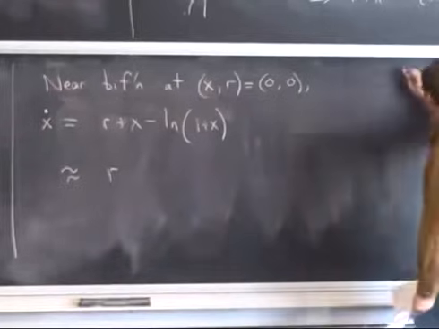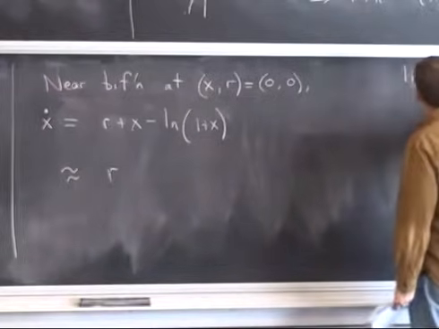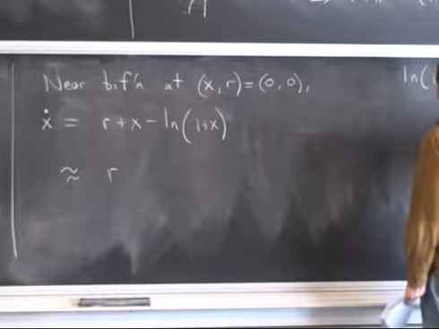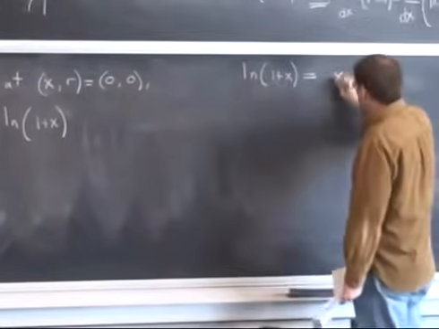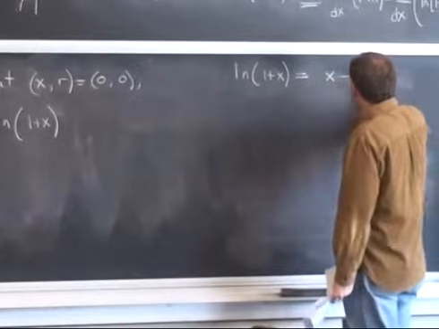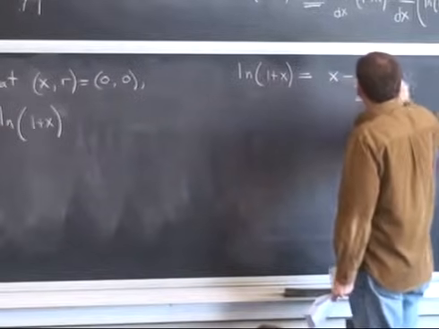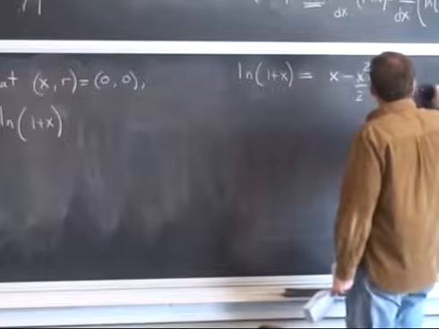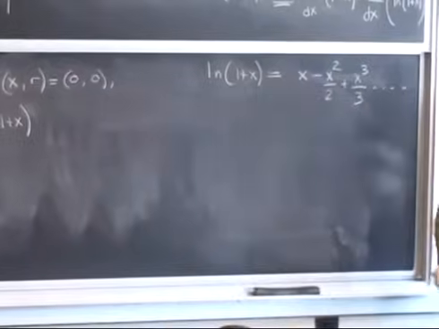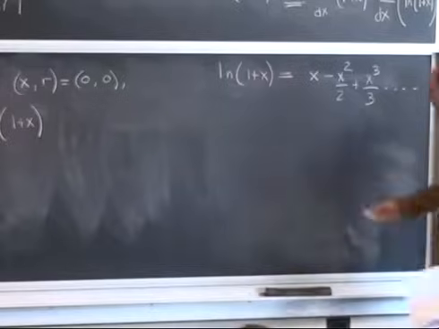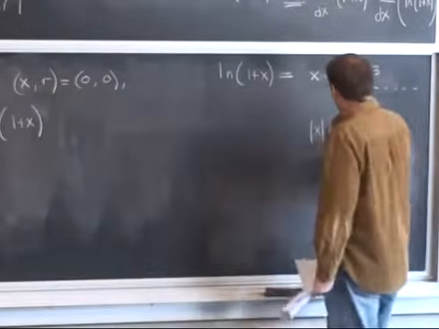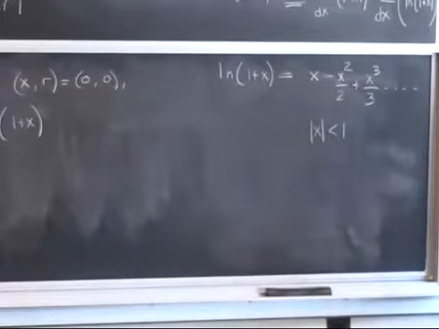But then hopefully you remember that log of 1 plus x has a Maclaurin expansion, which is what? It's x minus x squared over 2 plus x cubed over 3. Like that, I think. Is that right? Yes, that's right. Valid for x less than 1 in absolute value.